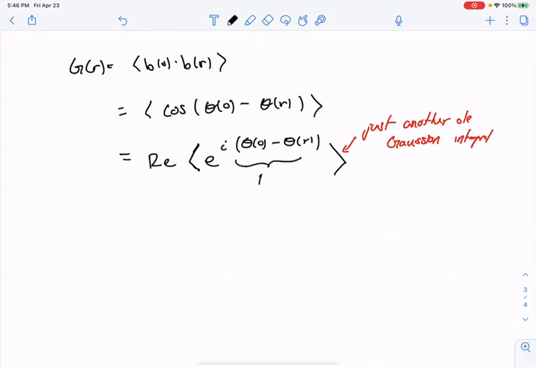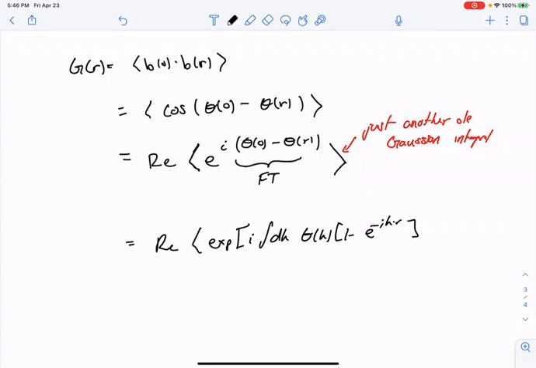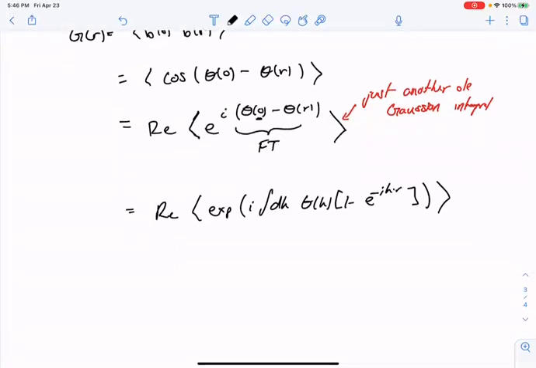So let's Fourier transform the argument of that exponential. That would give us the real part of the average of the exponential of i theta of k, 1 minus e to the i k dot r. The 1 comes from evaluating that complex exponential at r equal to 0. So that is linear in theta, living under that integral. So we know how to evaluate the Gaussian integral with an exponential of a linear quantity.